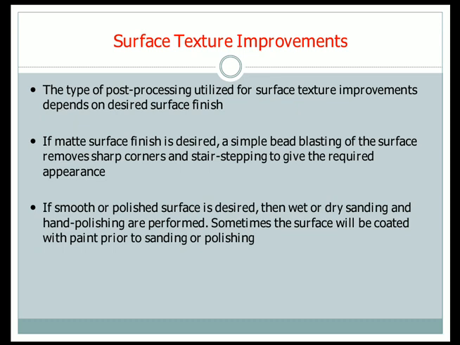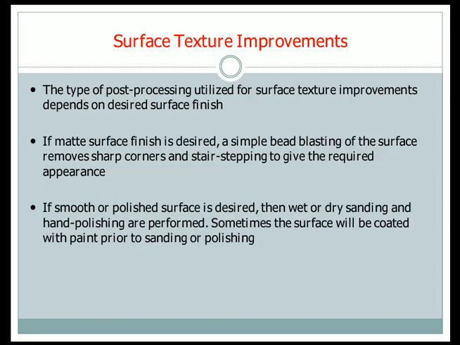If we are interested in a smooth finish, then wet or dry sanding and hand polishing have to be done. Sometimes the surface will be coated with paint prior to sanding or polishing. So sometimes they will do painting, and we have to do hand polishing or dry sanding in order to get the smooth surface finish.